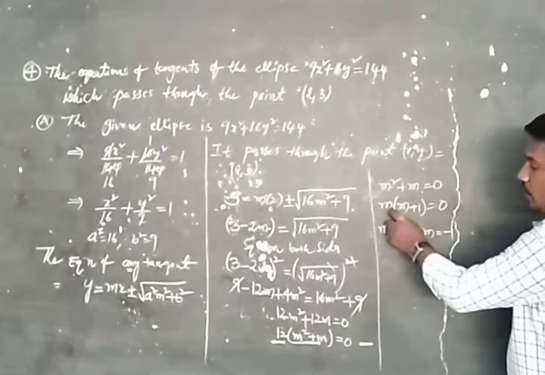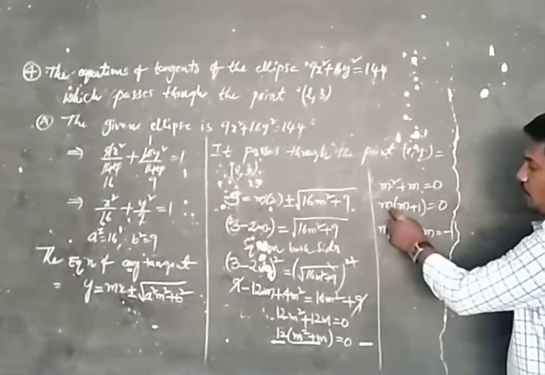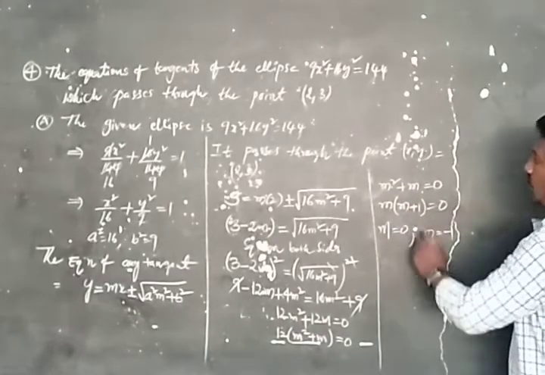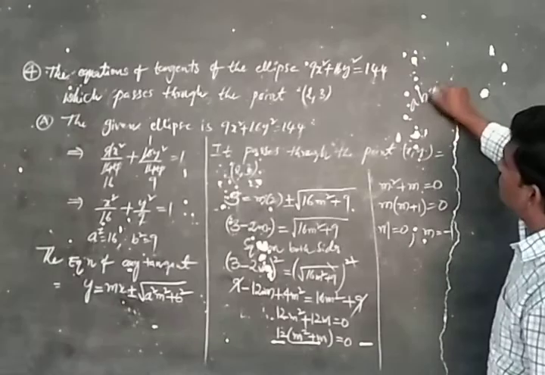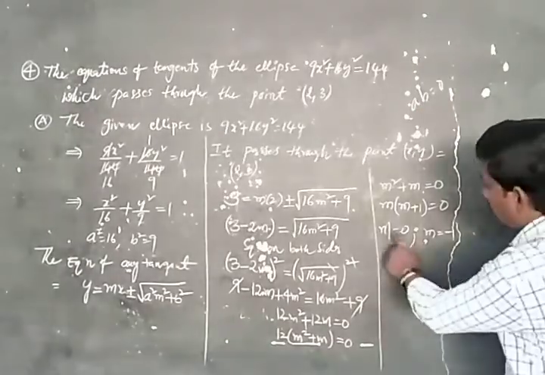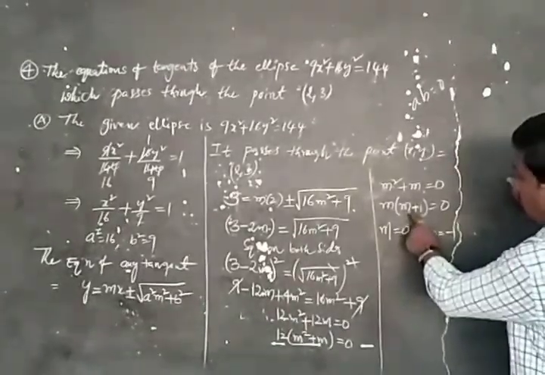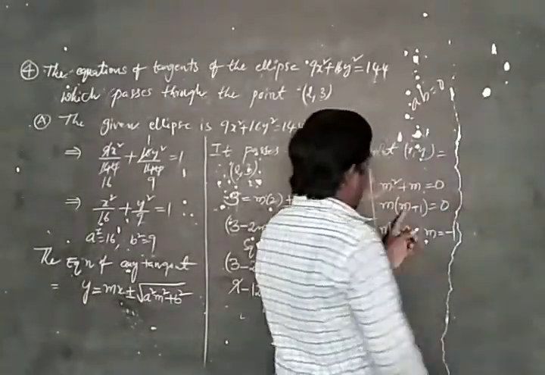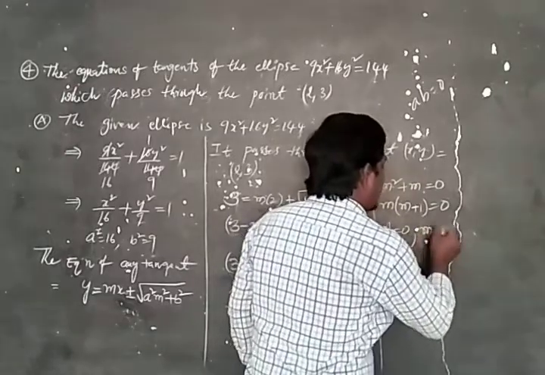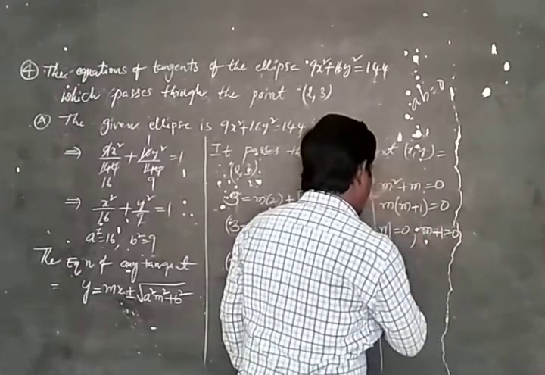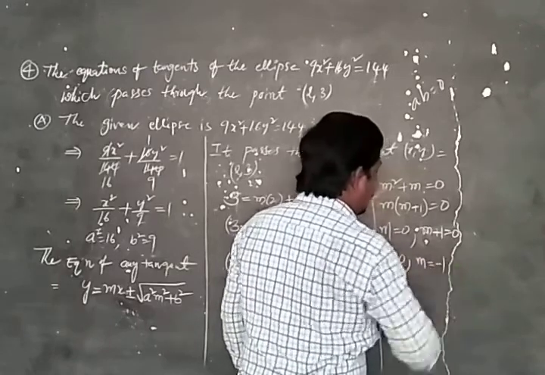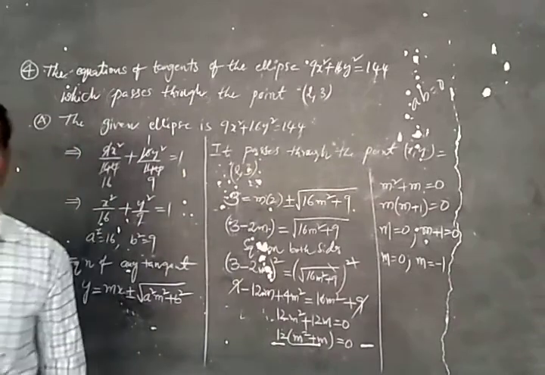Taking m common, m into m plus 1, so a b equal to 0. You can take a equal to 0 and b equal to 0. So m equal to 0, m plus 1 equal to 0, then m equal to 0 and m equal to minus 1. We have two values of m.